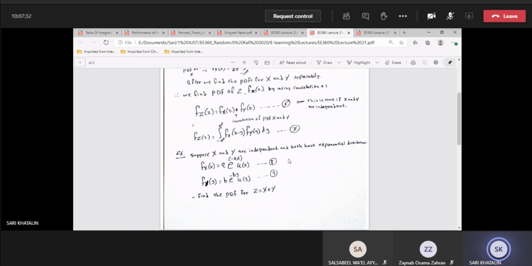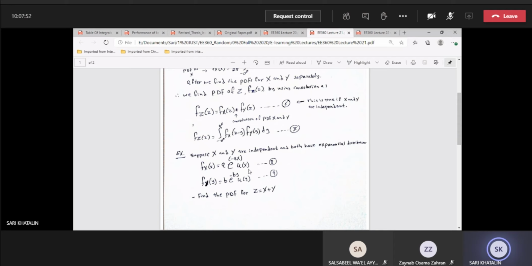Now let's say we have two PDFs, the PDF for X and Y, and these X and Y are independent, as shown in equations 8 and 9. And we need to find the PDF for Z, where Z is equal to X plus Y.